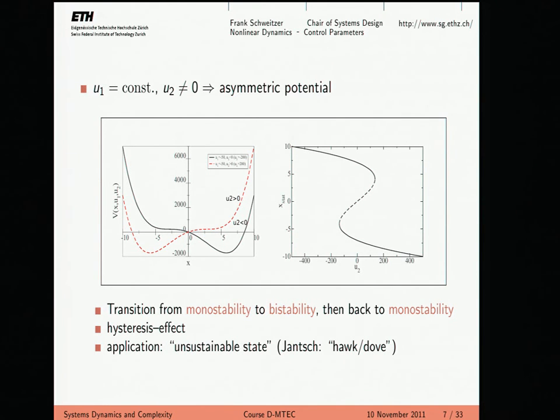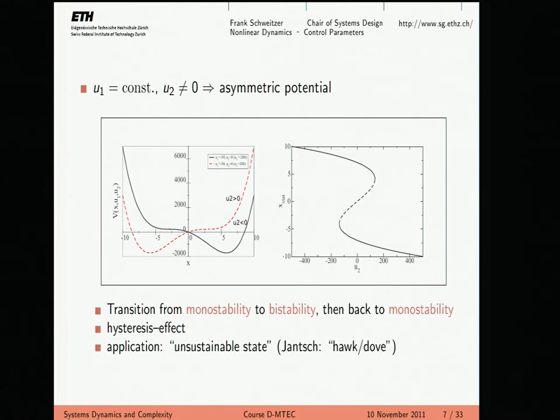The hawks, they want to attack, national security issues, all this kind of stuff, weapons of mass destruction, doesn't matter. And the doves, they just want to have peace, they don't want any war, right? So imagine this state, for instance, corresponds to a population where you have a lot of doves and just a few hawks, right? So the country as a whole will not go to war because most people don't want to.